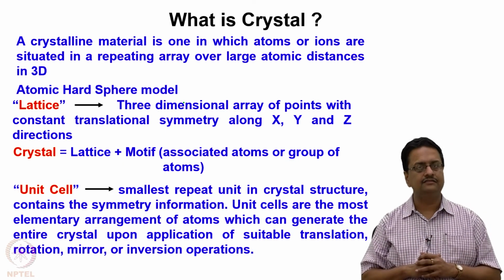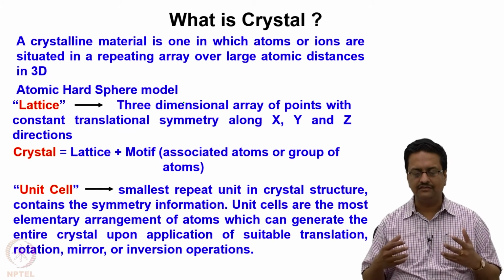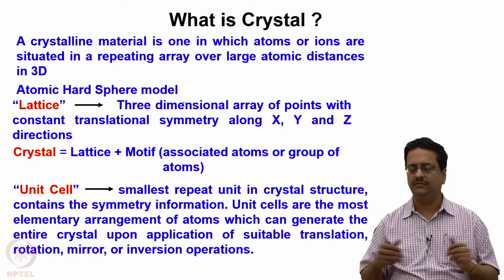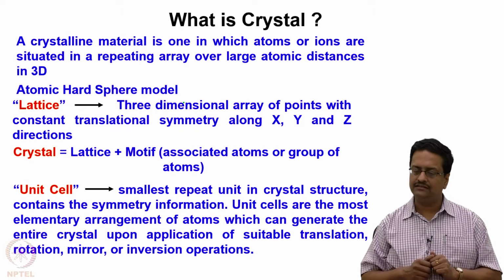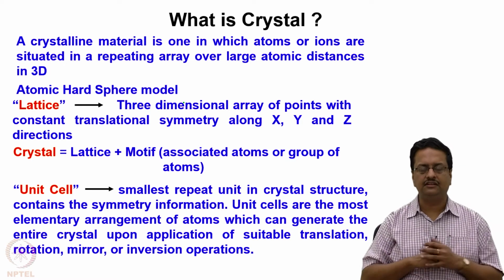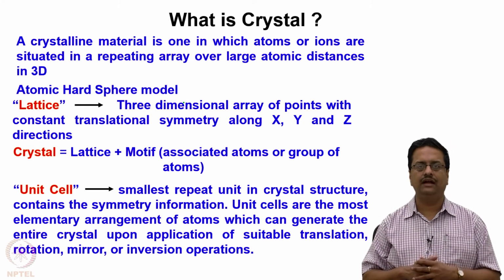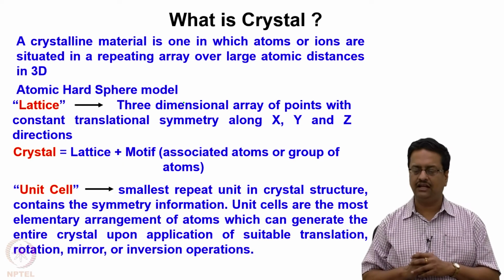So, what is a lattice? A lattice is a 3-dimensional array of points in space at constant translational symmetry along x, y and z. What is a crystal? A crystal is a combination of lattice with a motif, which is the association of atoms, groups of atoms or ions.